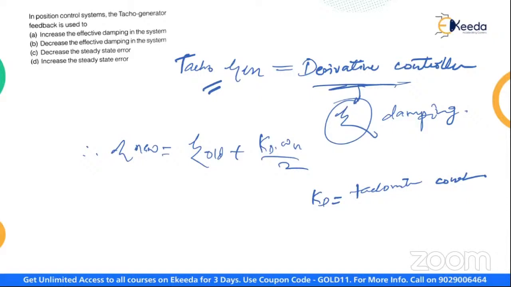If you increase the damping of the system, what will happen? Definitely the new damping will be increased. That is the reason we can say that the answer is option A. Getting my point? Is everyone okay with that question?